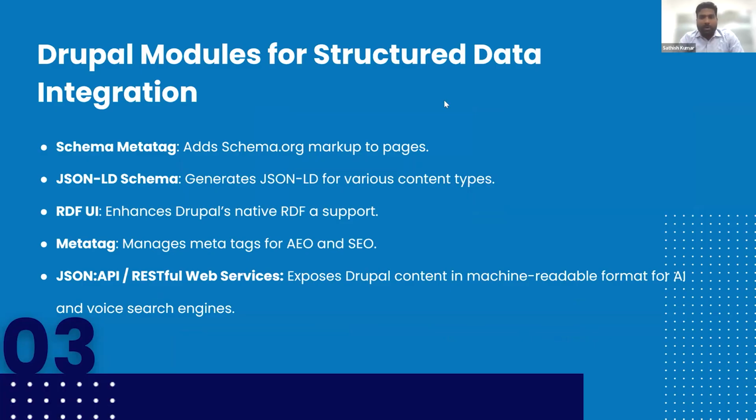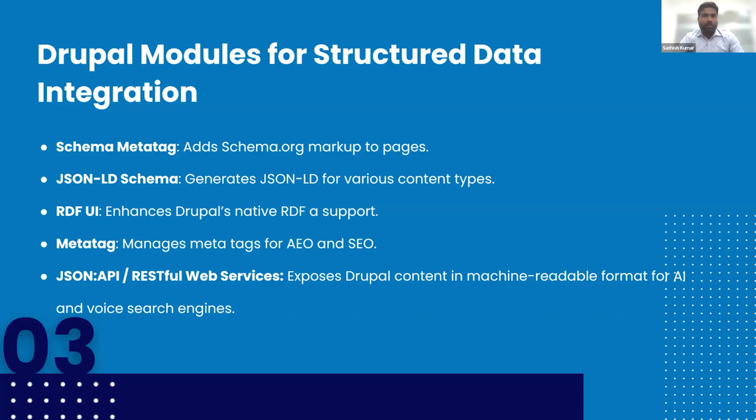So the other important aspect is the modules that I was talking about, in the WYSIWYG editor, Drupal modules. The Schema Metatag module automatically adds the schema.org markup for each page. You don't need to worry about it, it is automatic. Similarly, the JSON-LD schema module takes the content, converts it into JSON, and shares it through API.